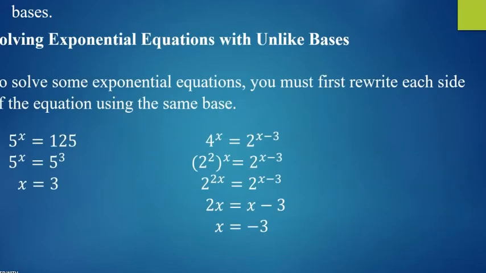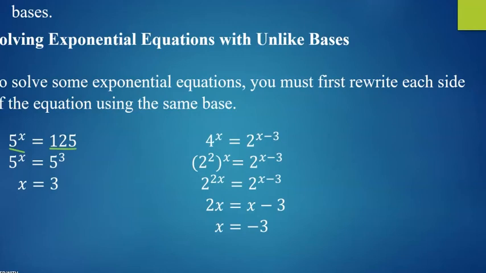Okay, guys, let's look at one example. Solving an exponential equation with unlike bases. To solve some exponential equations, you must first rewrite each side of the equation using the same base. So our main goal is to make the left side equal to the right side. Are they equal now? They are not equal.